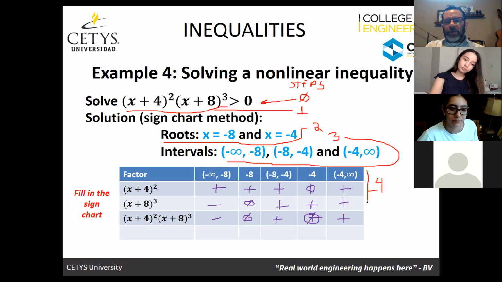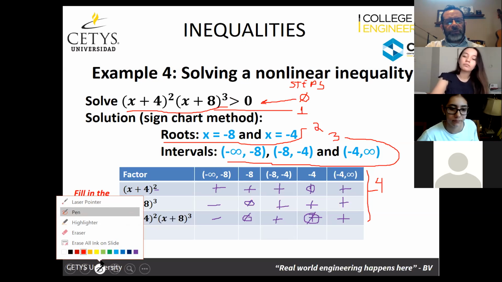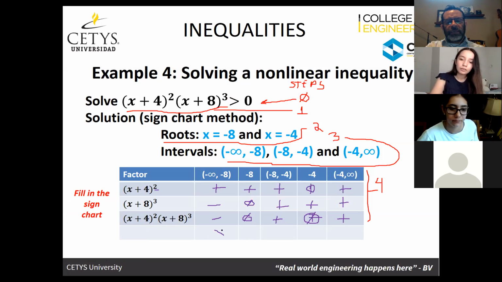Now, Enya, help me out. Looking at the results that we have here, is the first interval part of the solution? We're looking at things that are larger than 0. No, correct. It is not. Is minus 8 part of the solution?